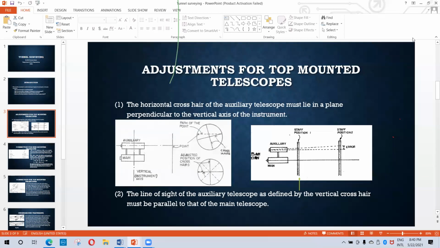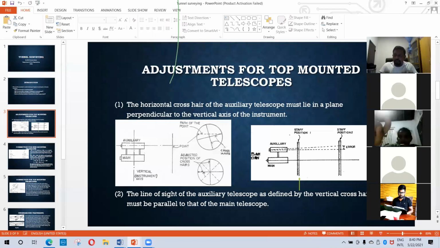Let's say I'll show you. If you have, let's say, this is one telescope. If you mount another telescope parallel to that by the side of this telescope, that's a side-mounted telescope. So when you rotate, they rotate like that, right?